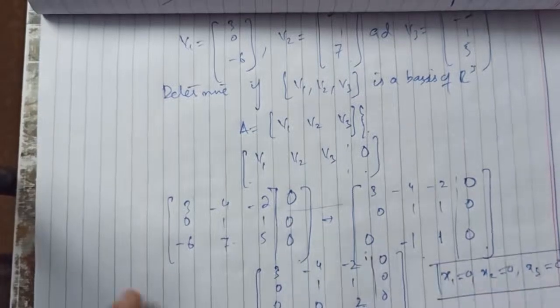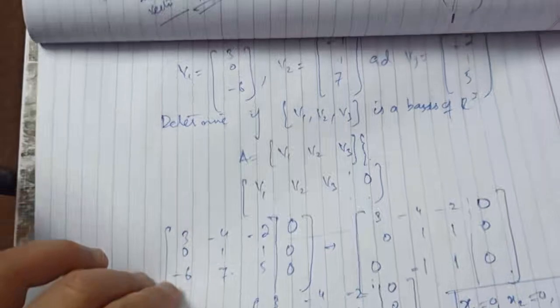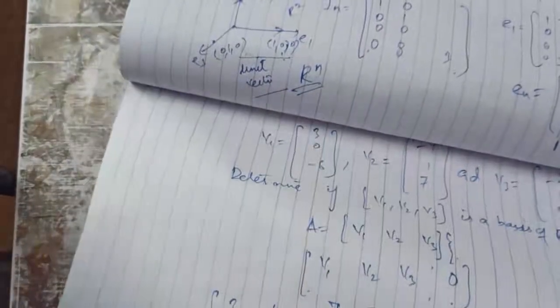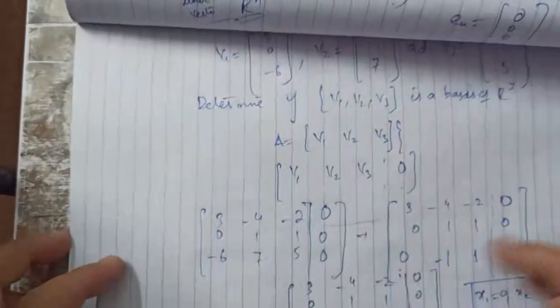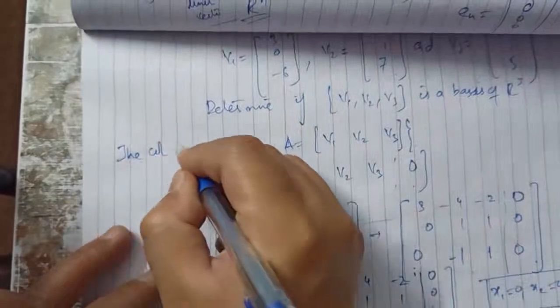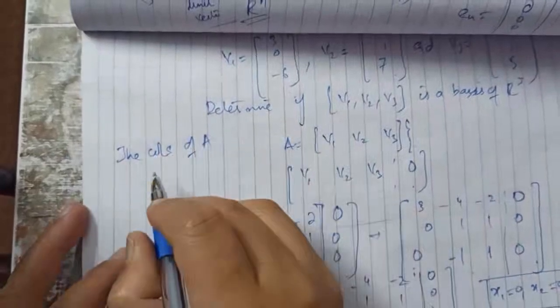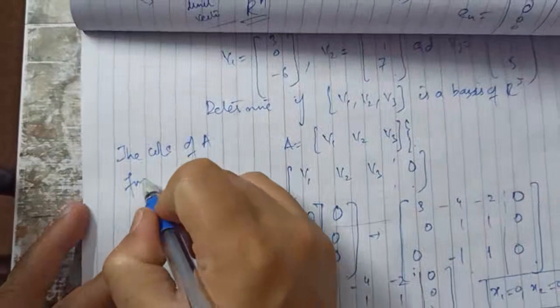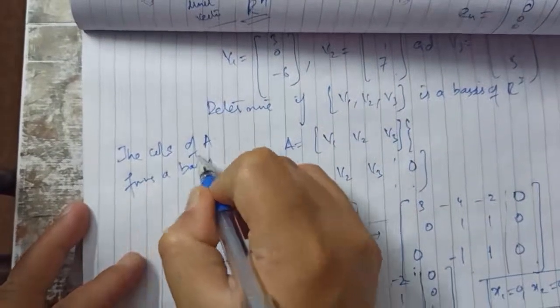Okay, so it means the columns of A form the basis of R3.